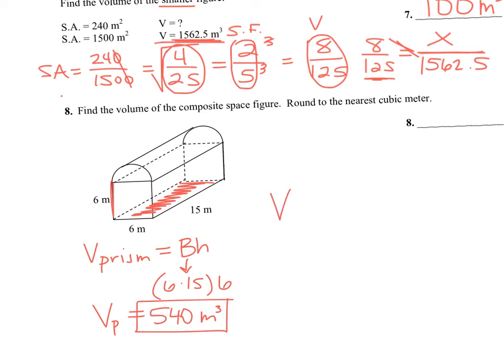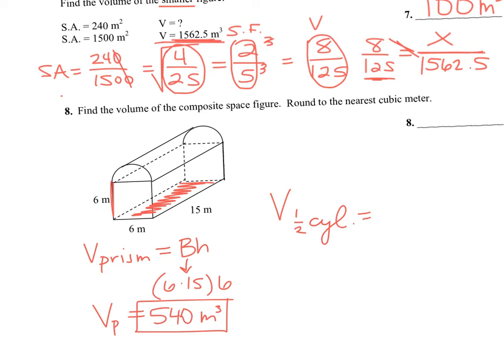Then we have to do the volume of half a cylinder. What's the formula for the volume of half a cylinder? What's the formula for a cylinder? BH, okay?